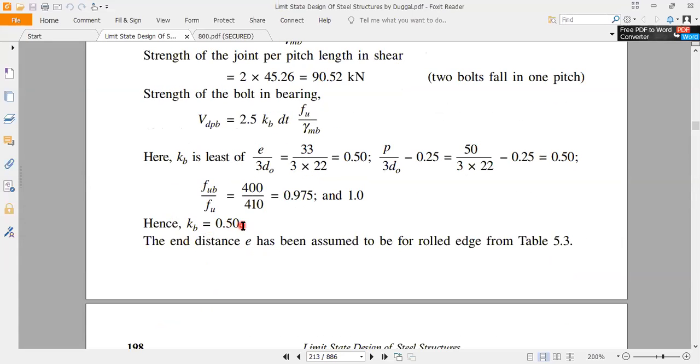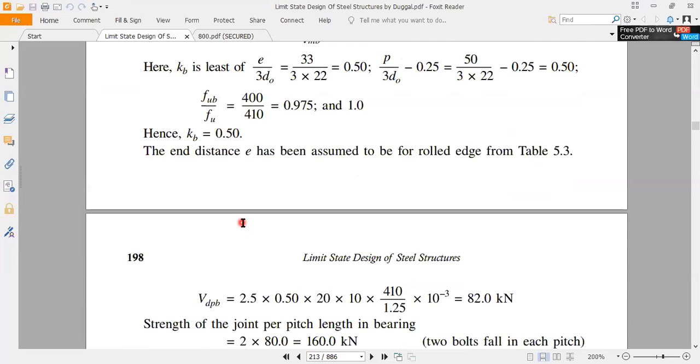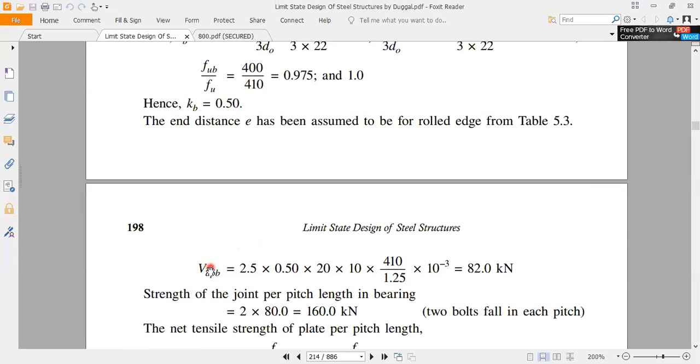So kb is equal to 0.5. Okay, so the design bearing strength of the bolt is equal to 2.5 kb into d into t into this. Here you should consider 400.